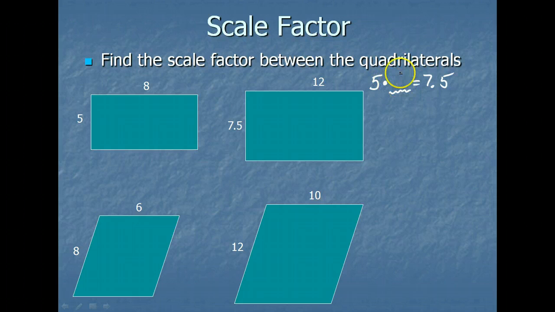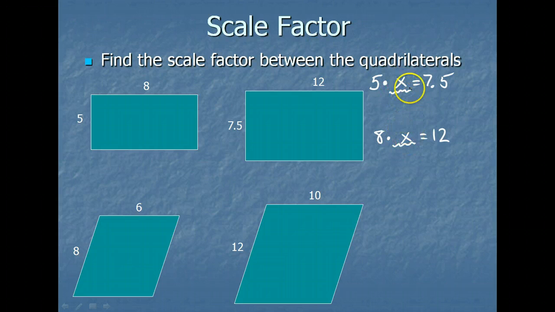Since I don't know that something, I need to put a variable there. I can pick whatever variable I want. I'm just going to pick x. And I need to start with 8, and I'm going to multiply by something, and I want to get 12 for an answer. I don't know what that something is, so I'm just going to call it x.